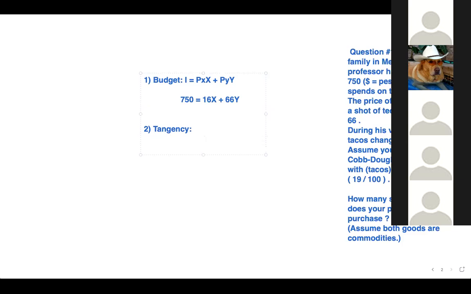And so the tangency condition is that the marginal rate of substitution is equal to the price ratio, okay? And we haven't talked about it yet, but this is the second equation. And hopefully, I don't know if this makes sense to you, I'll clean this up a little bit.